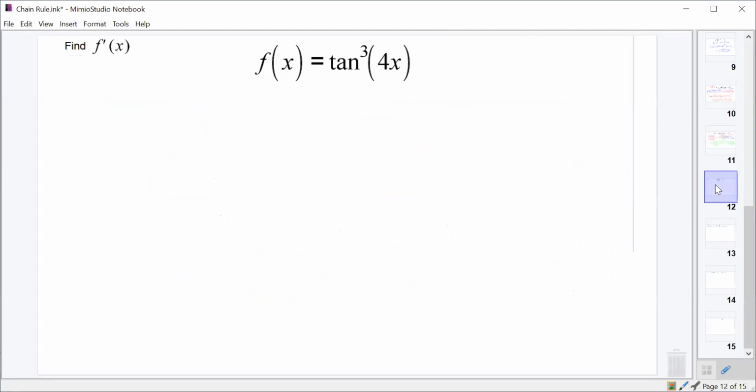All right, what about this one? What's going on with this one?